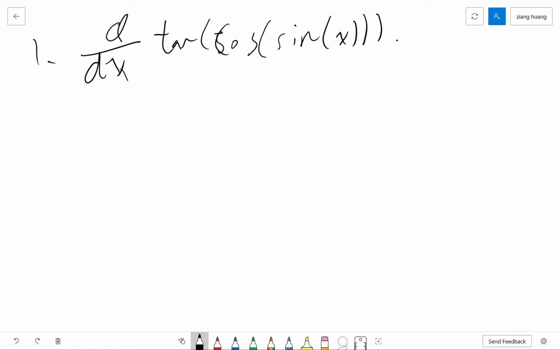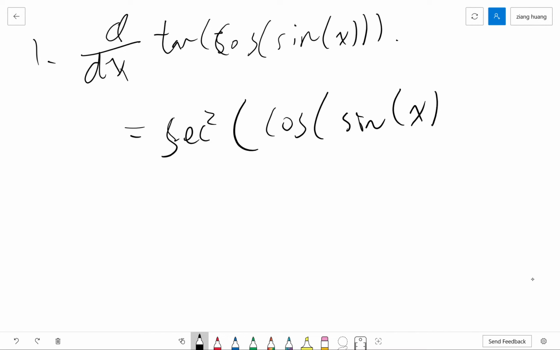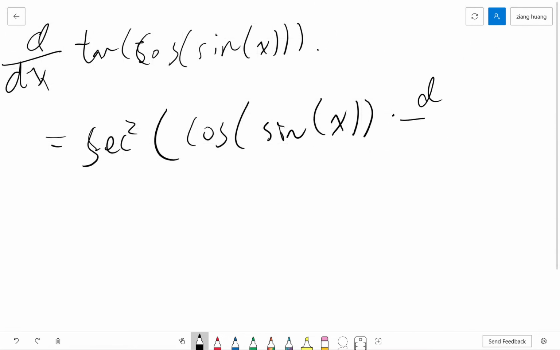It's a trig function example, and it's three trig functions nested inside of each other. So this would equal secant squared. Remember, the derivative of tangent of anything is secant squared. Secant squared of cosine of sine of x, multiplied by the derivative of cosine of sine of x.